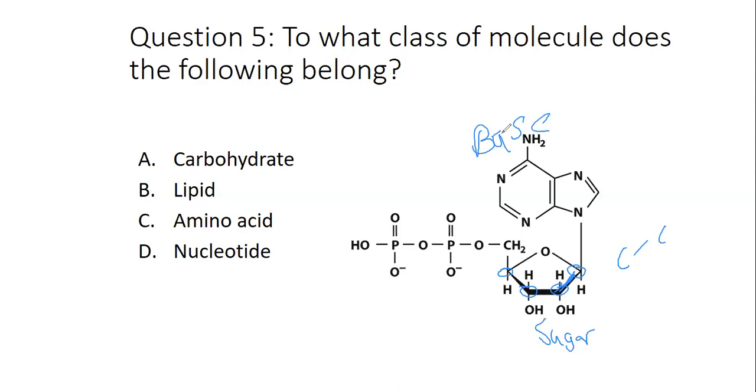If you already memorized those in a different class, you're ahead of the game. We don't need to memorize those yet, that's for further on. And our phosphates. Our phosphates are what we're going to use for energy to connect our nucleotides together and to use for energy. But that's what you're looking for in a nucleotide: a sugar, base, and a phosphate. Oh, I forgot to share the results, but yeah, we crushed it on that one.